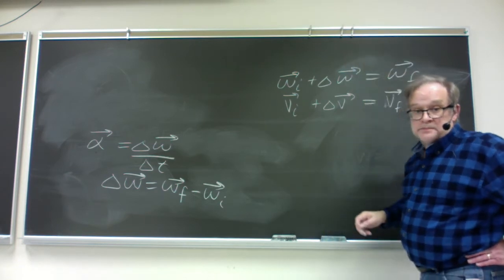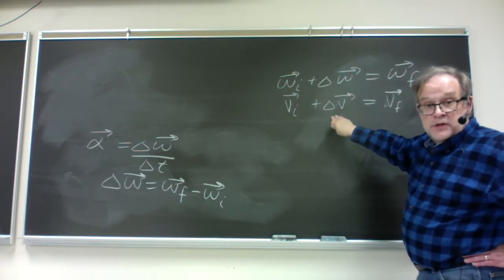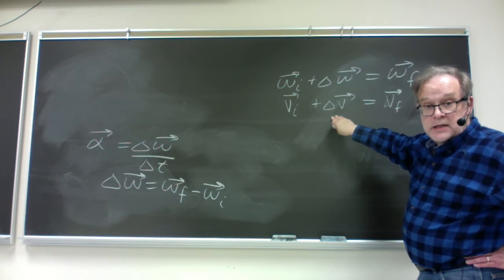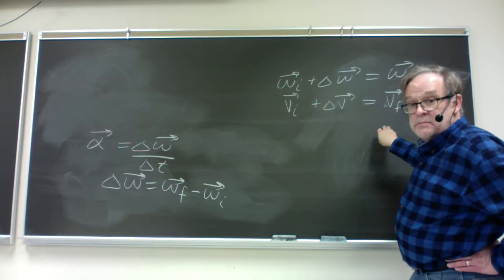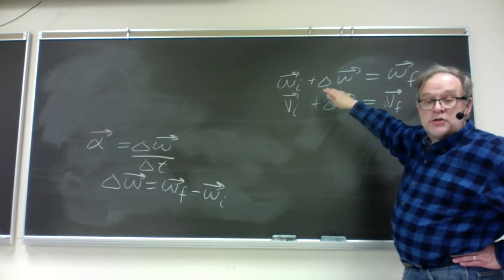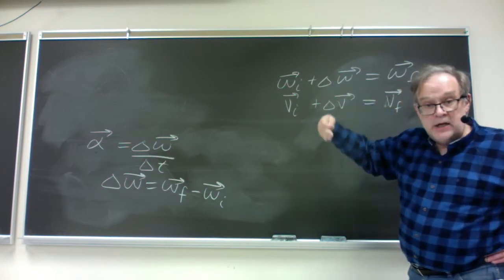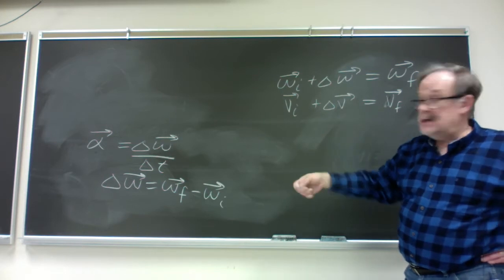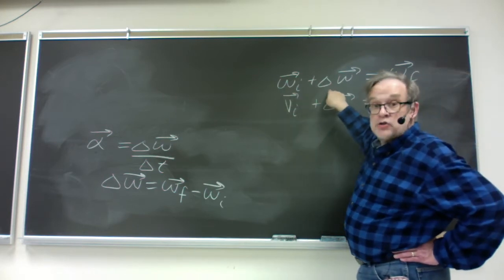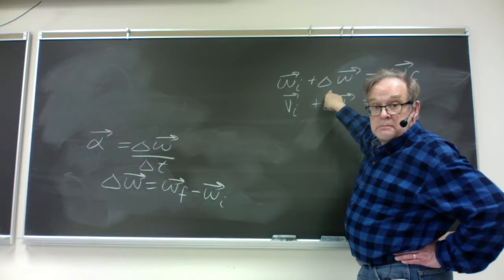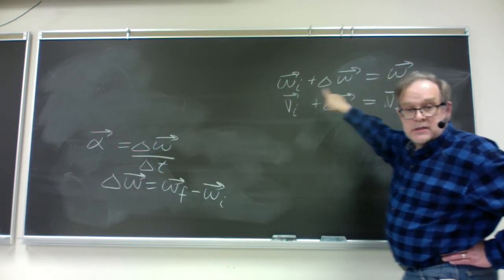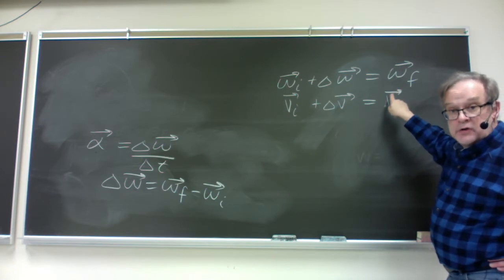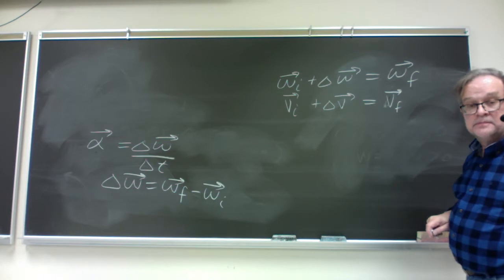So just as this delta V represented some extra velocity that you added on to an initial velocity in order to get a different velocity, delta omega represents the change in angular velocity, some extra angular velocity that you add on to the initial angular velocity in order to get a different angular velocity at some later time.